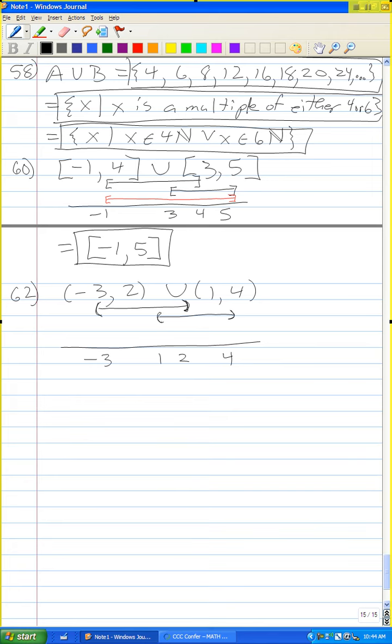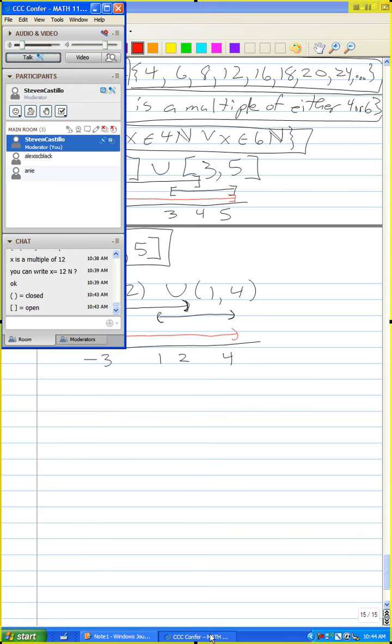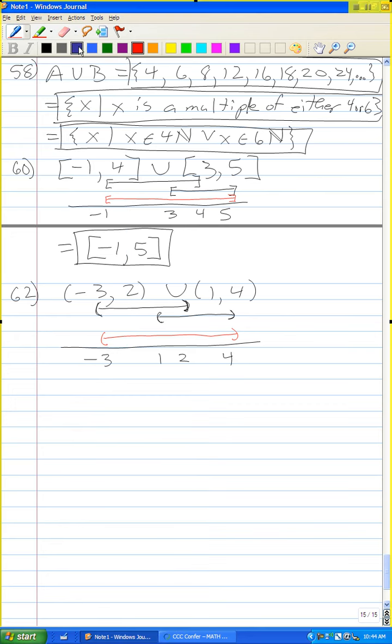Therefore, the union will just be the open interval from -3 all the way to 4. Oh, so opposite, these are closed intervals. Well, okay, so this is the open interval from -3 to 4.